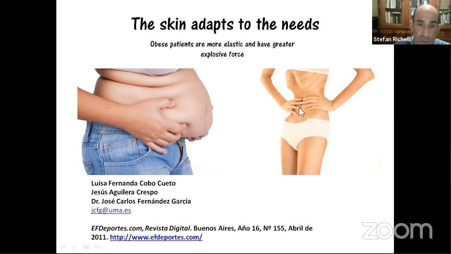And also a person who is sitting the whole day and having a convex formation, or well, is short in the front side and long on the back side because he's sitting, the skin will adapt its length or its elasticity, and will be less mobile in the front side and more mobile in the back side to compensate the movement. So it is also seen that a big person, or a person who has a lot of skin, is more flexible, especially when they have a lot of fat inside.